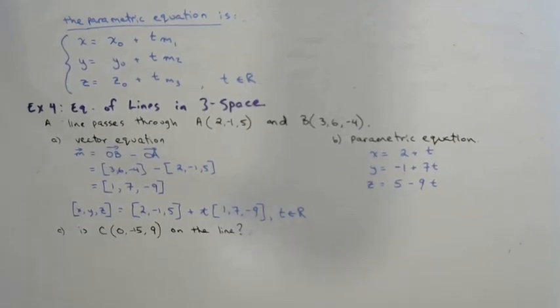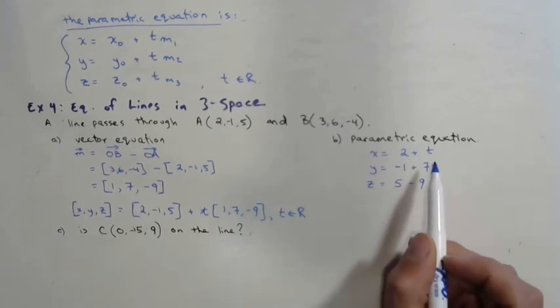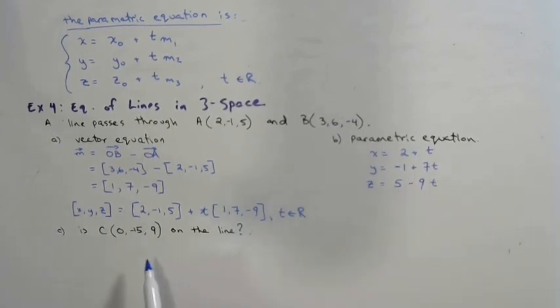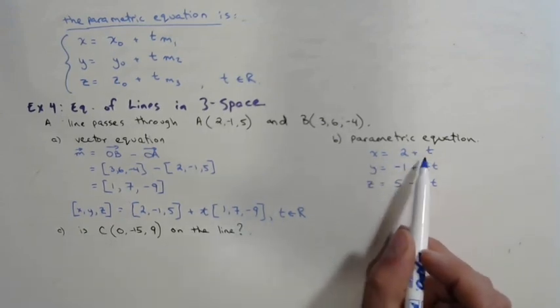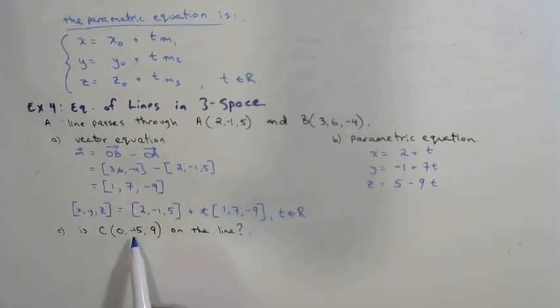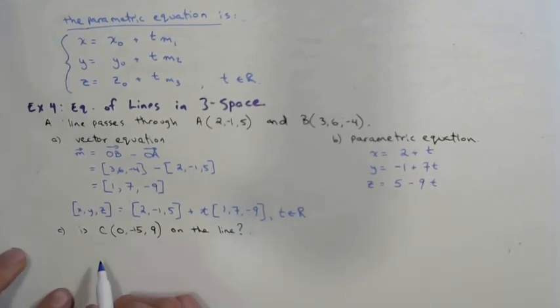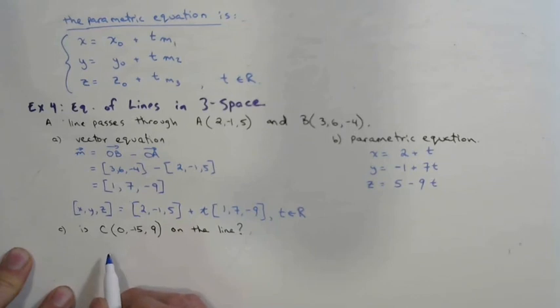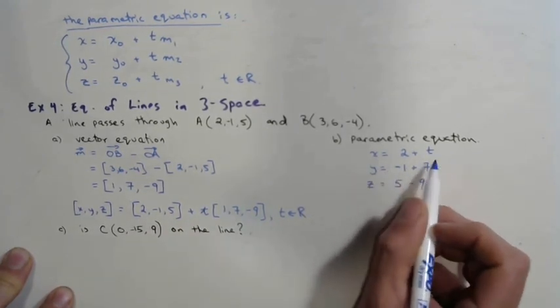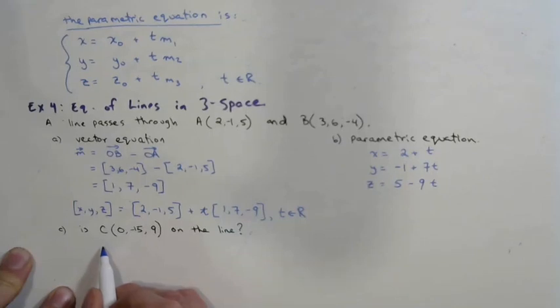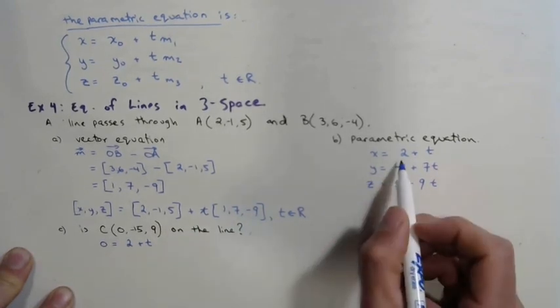All that means is that I need to find out if I can build 0 from the x component of my parametric equation, and build negative 15 from my y component, and build 9 from my z component using the same t value. So in order to do that, we're just going to sub these pieces into our parametric equation pieces. For our x component, I need to find the value of t that makes 0 equal this piece.